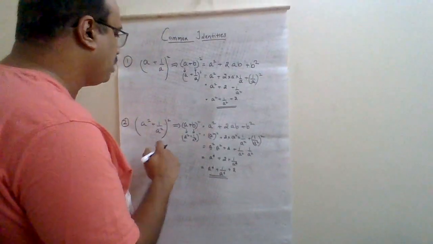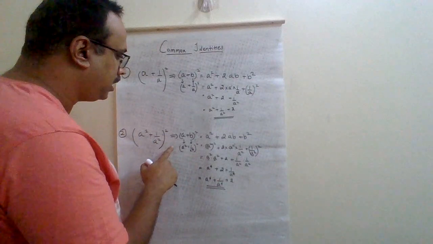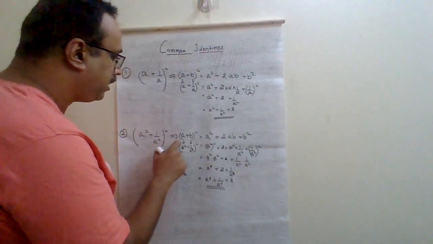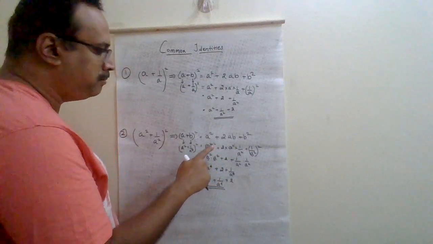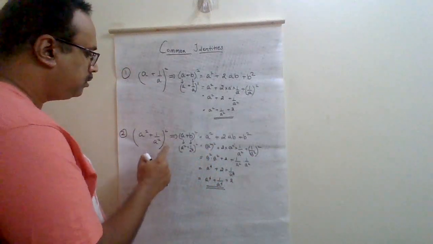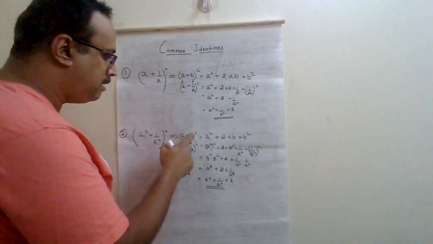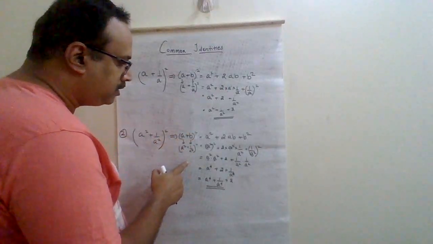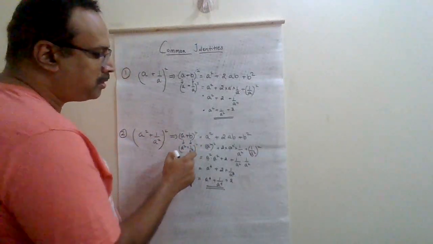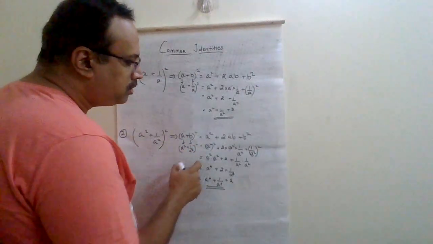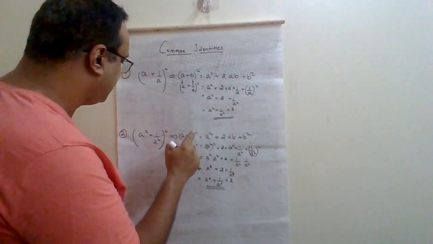Let me repeat how I went through the steps here. A squared plus 1 by a squared, the whole square, is in the form of a plus b the whole squared, which is equal to a squared plus 2ab plus b squared. So I substituted a for a squared and b for 1 by a squared. So I have put it in bracket, that is a squared plus 1 by a squared whole square is equal to a squared the whole square, because a is a squared, right?